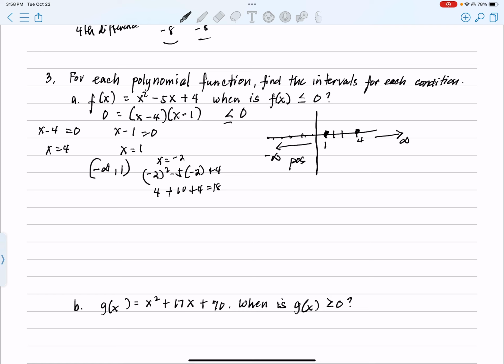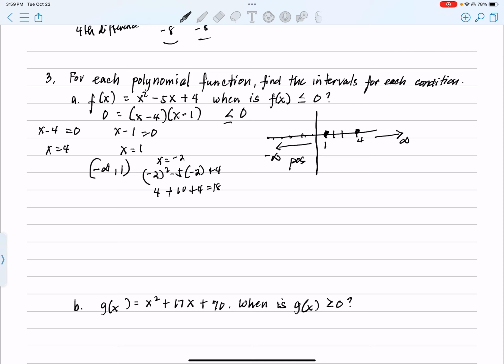So we come up with positive values when we plug in any of the numbers from the interval of negative infinity to 1. Any number would come out positive once you plug in those values.